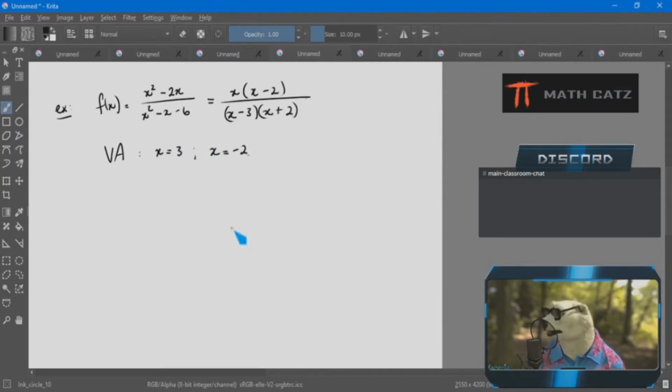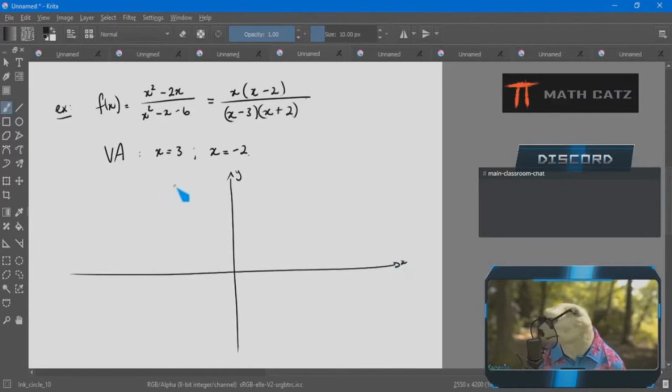Now you might ask, well, if I set this up, and I know we're repeating ourselves a little bit, we have a vertical asymptote here at negative 2. We have a vertical asymptote here at 3. As I approach these lines, I know, without much effort, because I've identified it as a rational function, that it is going to behave in one of these 2 ways, but I don't really know which one.